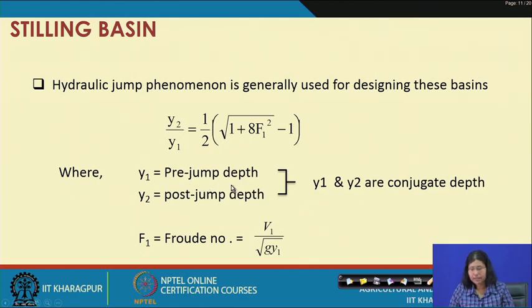Here y1 is the pre-jump depth and y2 is the post-jump depth, and y1 and y2 are the conjugate depths. The Froude number is given by v divided by the square root of g times y1, where y1 is the pre-jump depth. Depending upon the Froude number, the flow can be critical, subcritical or supercritical, and based upon this we can design the stilling basin.